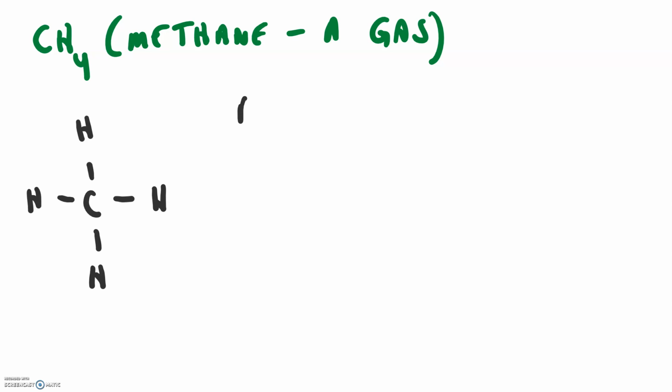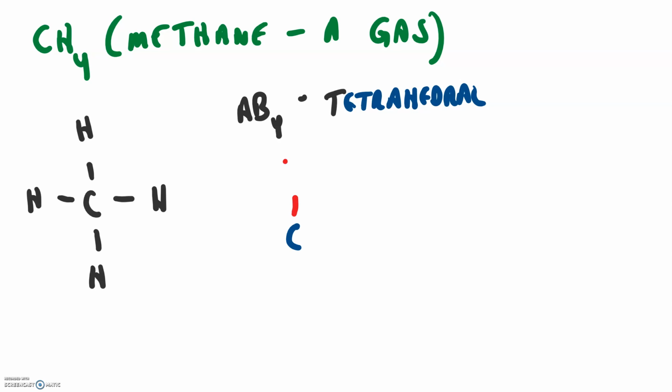And because this follows the format AB4, it is a molecule with the shape tetrahedral. And that means that it looks like this, and when I try to draw it, it doesn't make any sense. We've got a hydrogen coming out towards us and one going away from us. And since I can't draw, here's what it looks like for real.